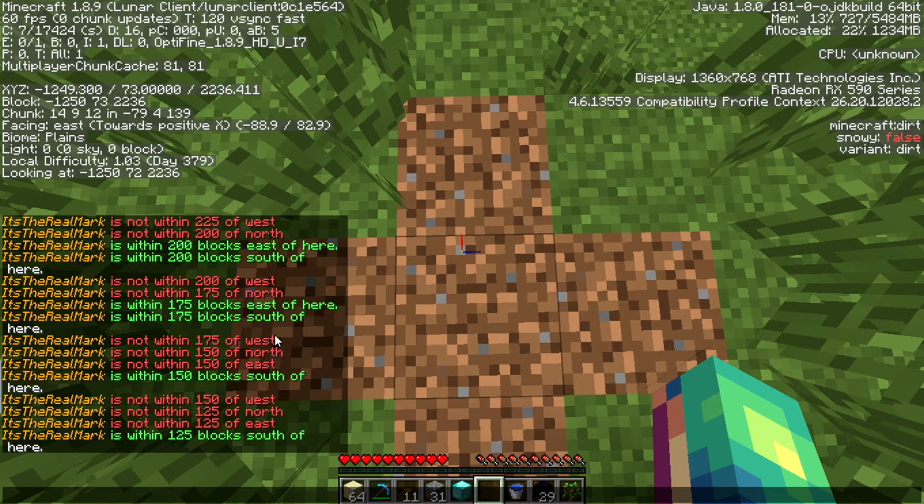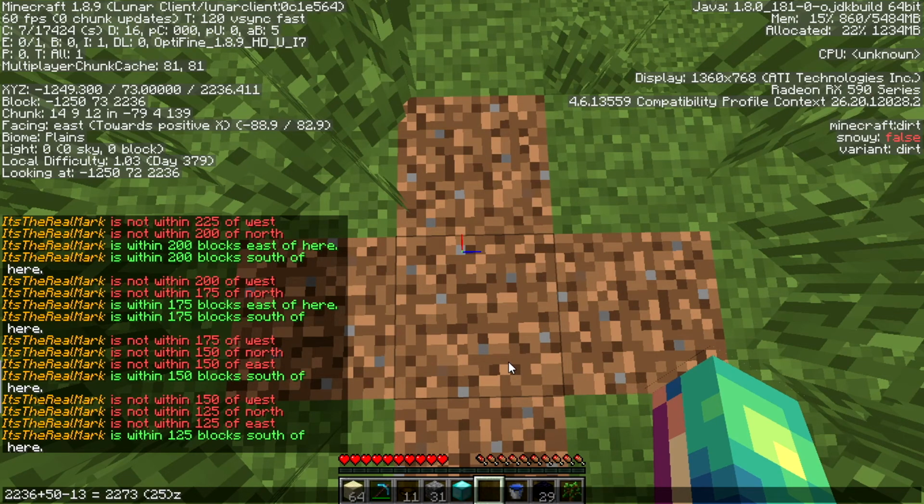South and east are going up, by the way, on the coordinates. So we take neg 1250 plus 175, that's the last time we saw him, and minus 13 to find the mid area of the 25 by 25.